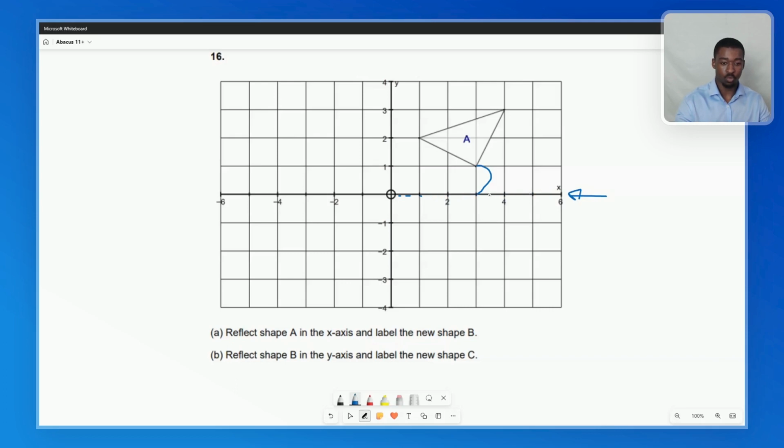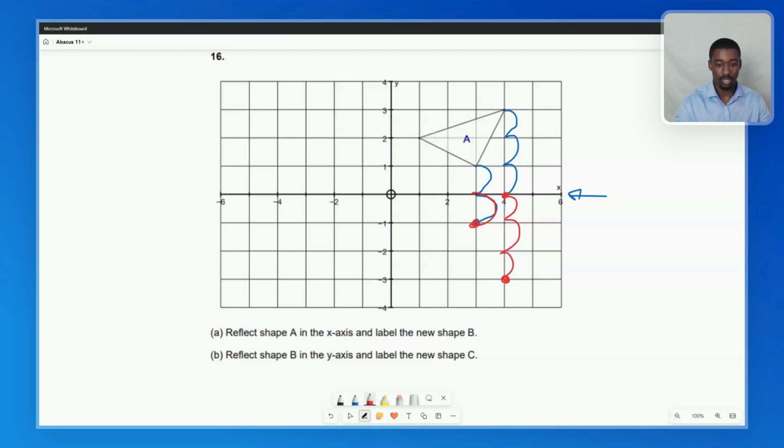And therefore, we do the same thing on the other side. So here is our first point of our new shape. Same thing here, 1, 2, 3, line of reflection. Put it in red. In our new area, same thing, 1, 2, 3.